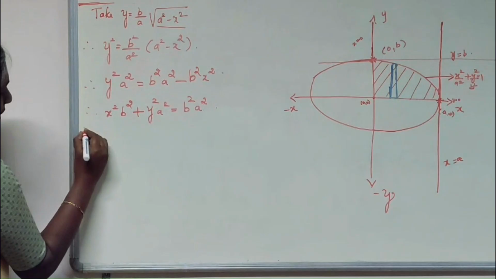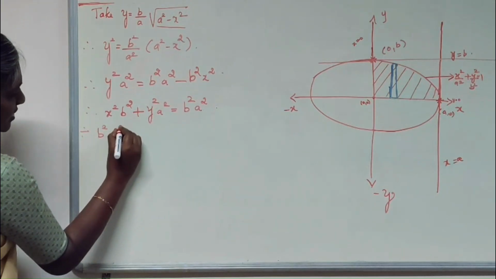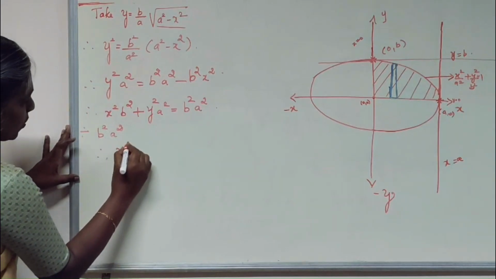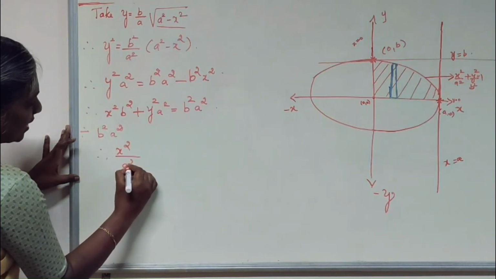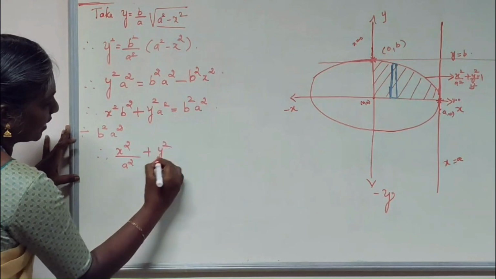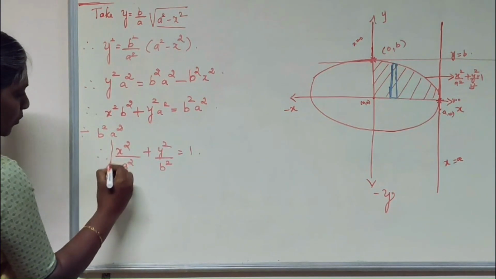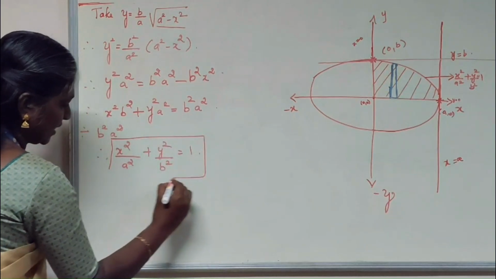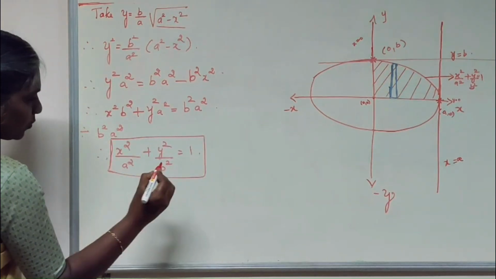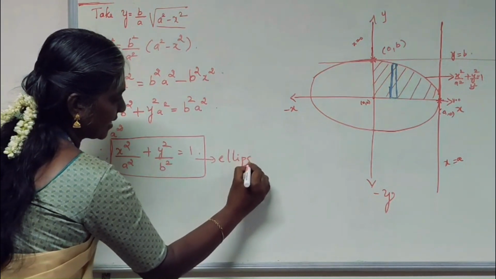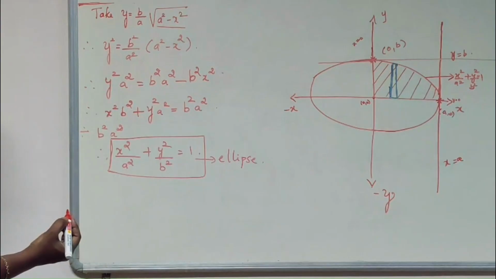Dividing throughout by b squared a squared, what do we get? x squared by a squared plus y squared by b squared equals 1. Therefore, the given region is nothing but an ellipse. This is the equation of an ellipse.